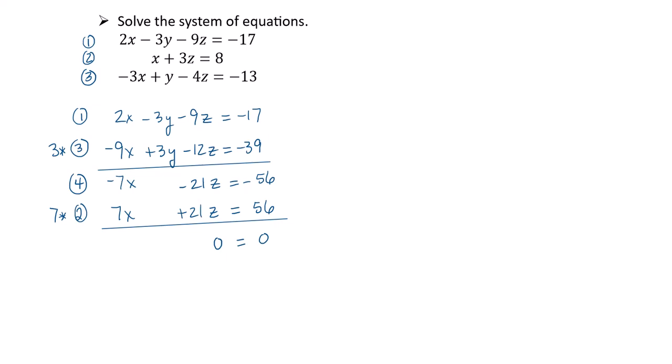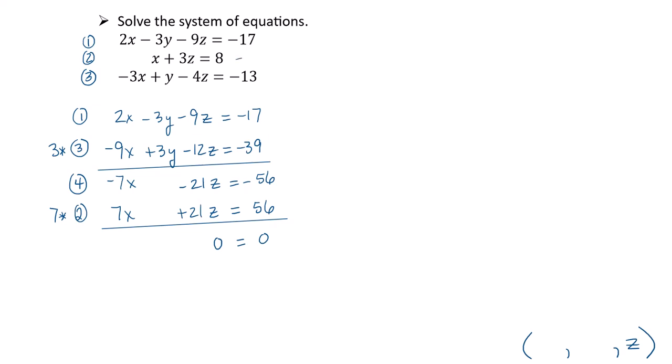But it's not enough to say that we have infinitely many solutions, because those infinitely many solutions have a particular form. What we'll do is go ahead and define everything based on z. Whatever z is, that's what it is, and then we use that to generate the other answers.